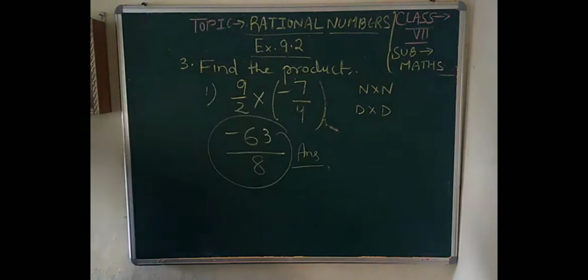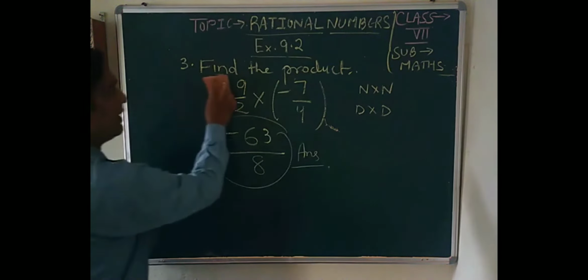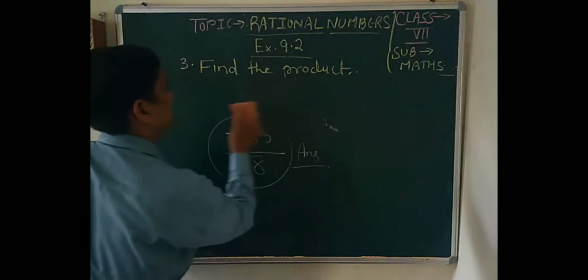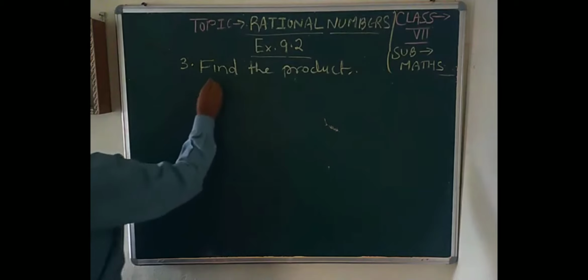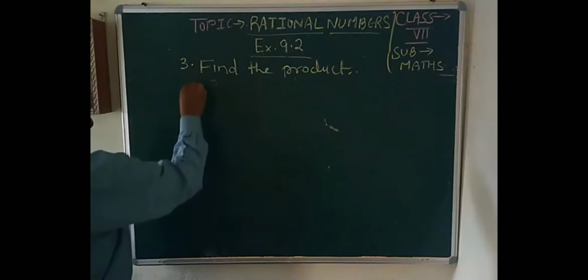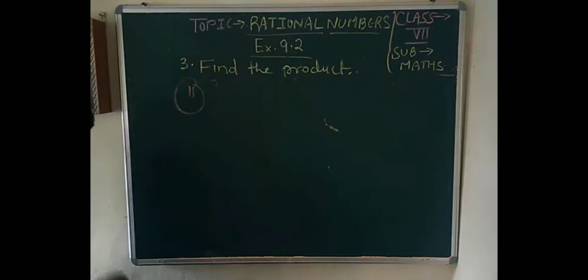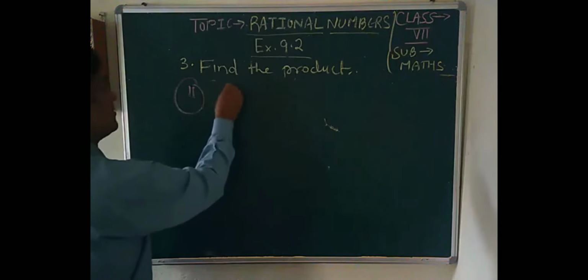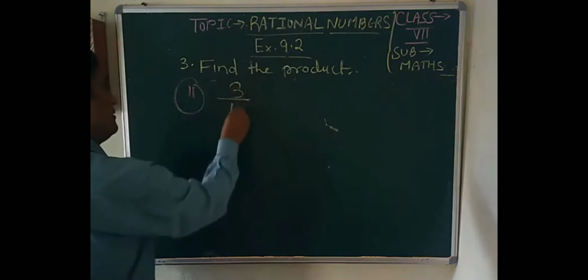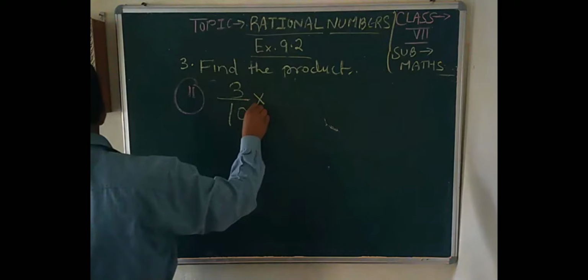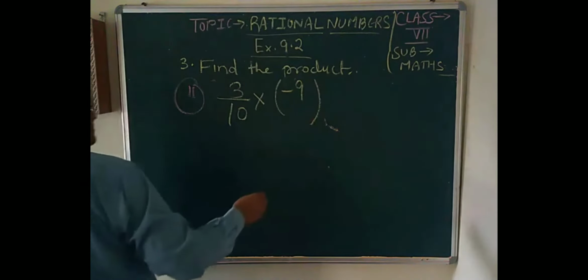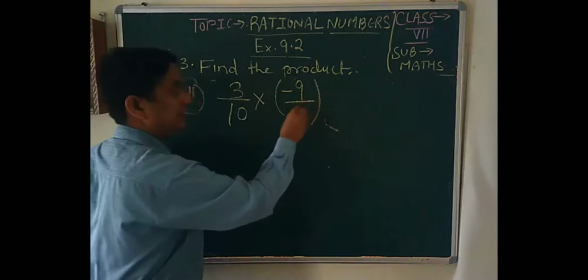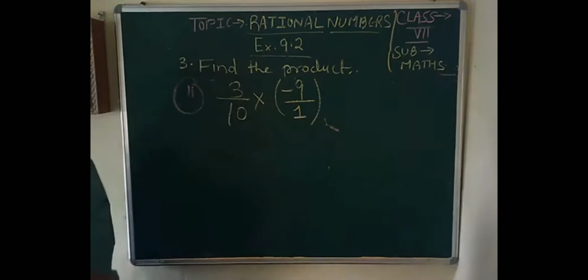Now children, we will do the second part. Second part is 3 upon 10 multiplied by minus 9. Now children, as there is no denominator, we can write down 1 in the denominator.